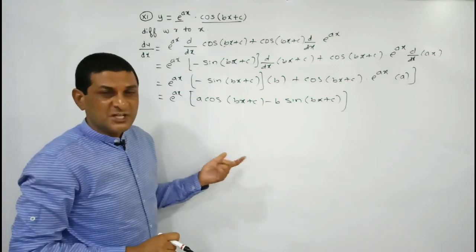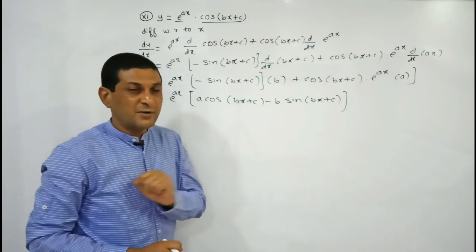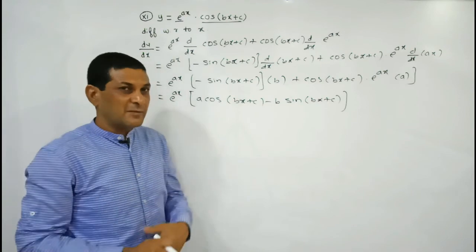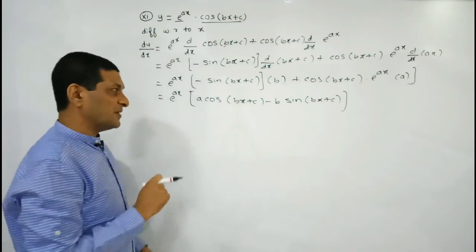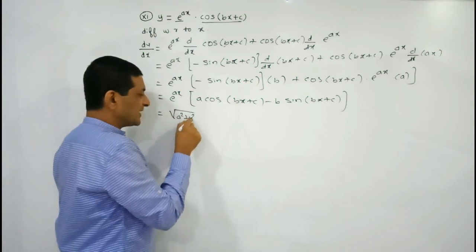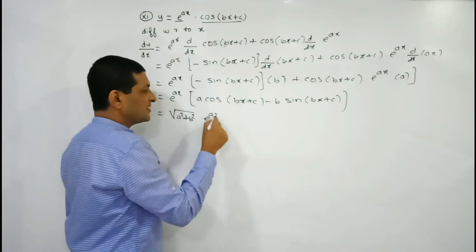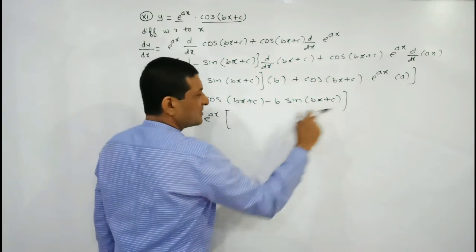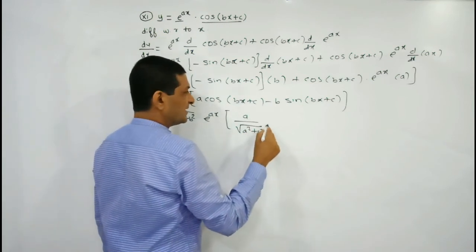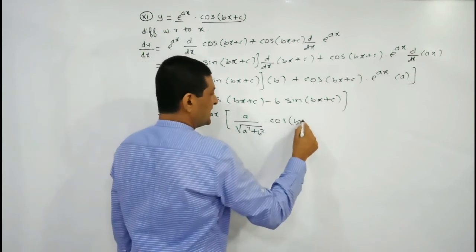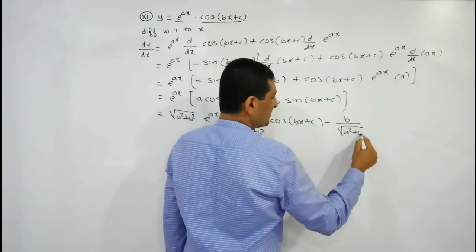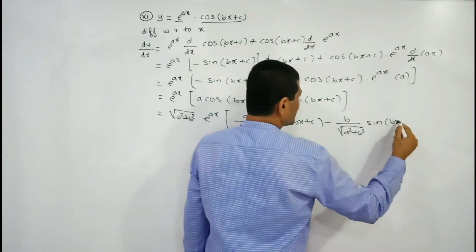Again we are able to differentiate it, but since we have to find the nth order derivative, we are trying to arrange it in some standard form so that we can easily get our nth order derivative. So here I am multiplying by under root a square plus b square, and since I am multiplying by under root a square plus b square, I am dividing by under root a square plus b square. So here we will get a upon under root a square plus b square into cos bx plus c minus b upon under root a square plus b square into sin bx plus c.